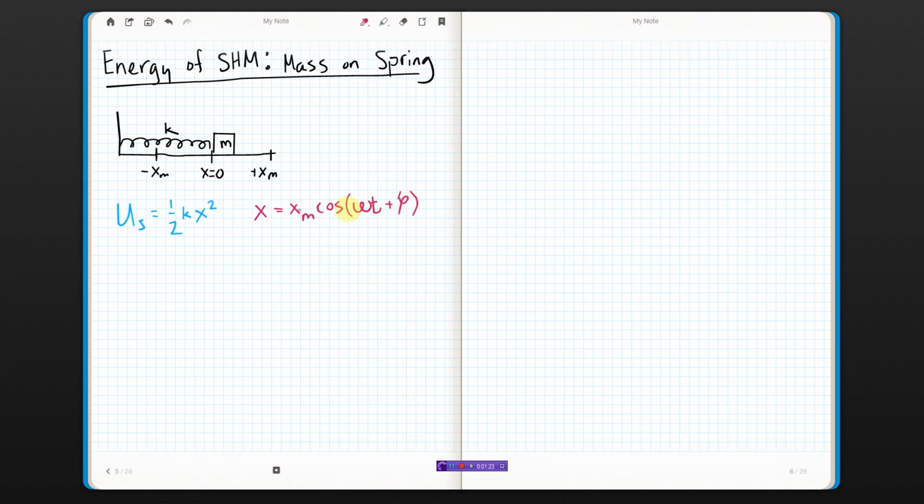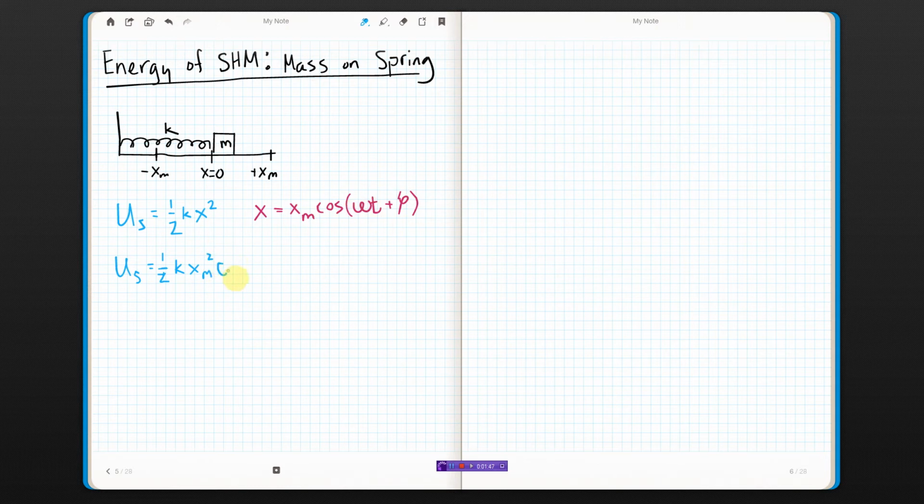So I could put this in here. I mean, why not? This gives us a time function for the energy stored in the spring. It's 1/2 k. Now I've got to square all of this. So I've got xm squared, and then I've got this squared.